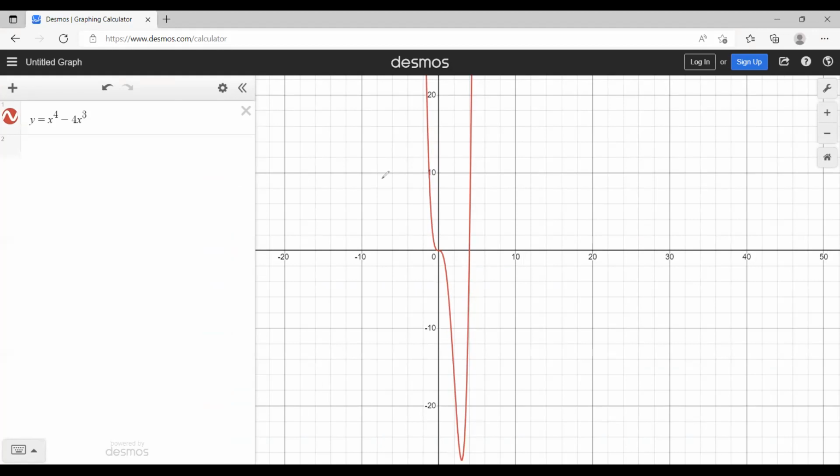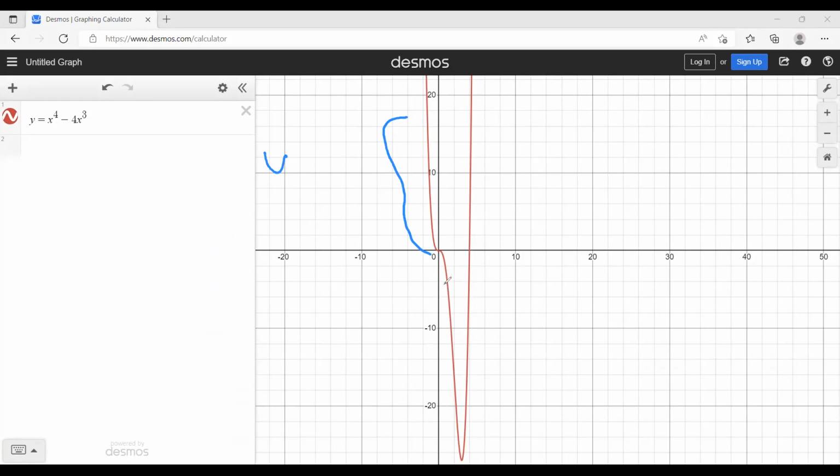I believe so, right? If you look at this boundary, it has that little U shape, barely. So it is concave up from -infinity to 0. And is it also concave up from 2 to infinity? I think so. Yeah.